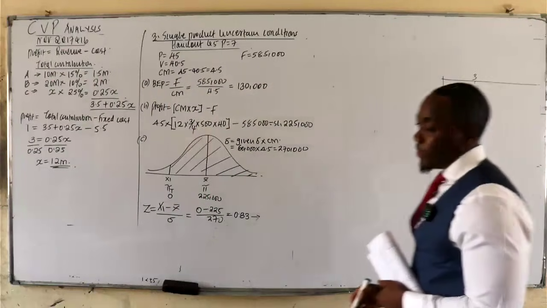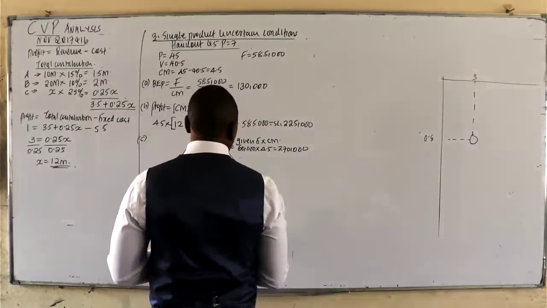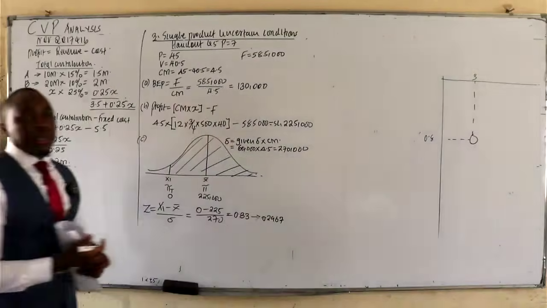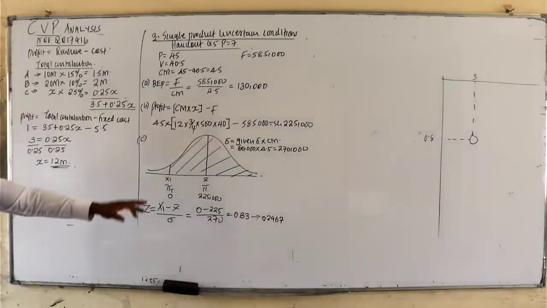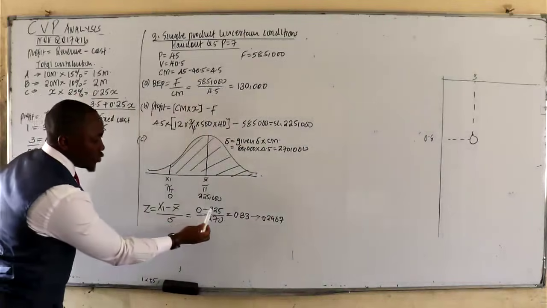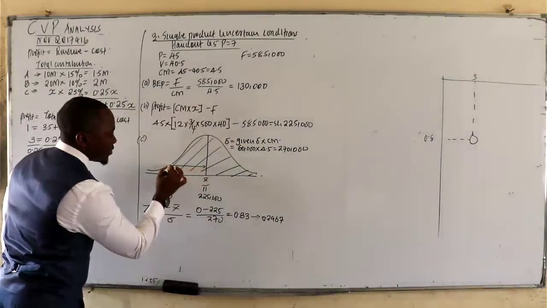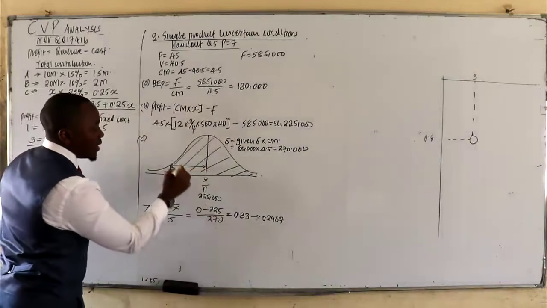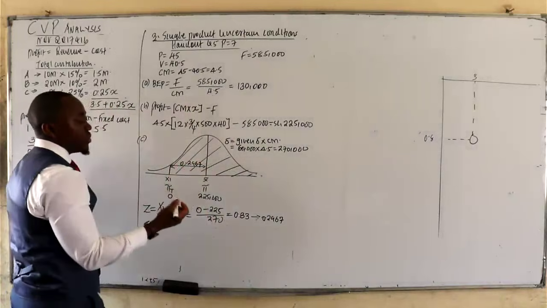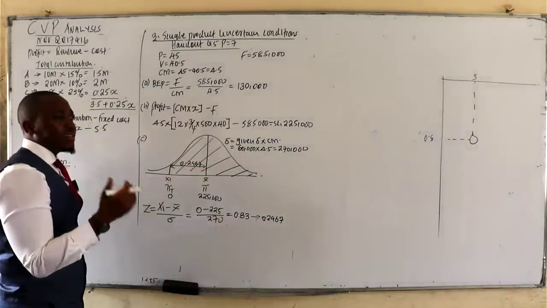That gives the probability 0.2967. But this is the probability between 0 and 225, the one we have computed. You know very well that the normal distribution is symmetrical.